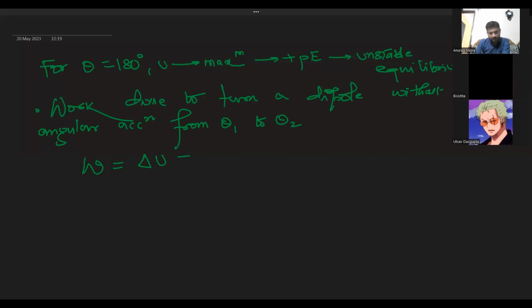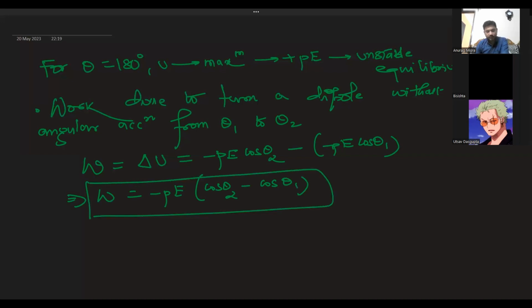So it will be minus P E cos theta 2 minus, minus P E cos theta 1. To turn a dipole from initial angle theta 1 to final angle theta 2, by whom? By an external agent against the field. To turn it without angular acceleration, this work has to be done.